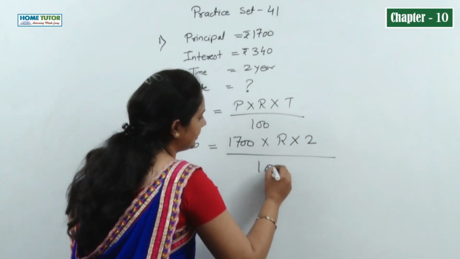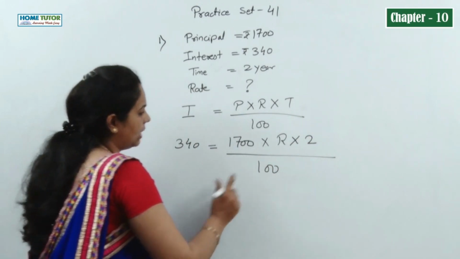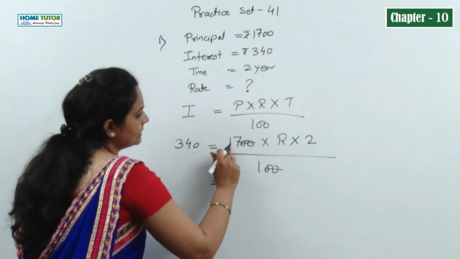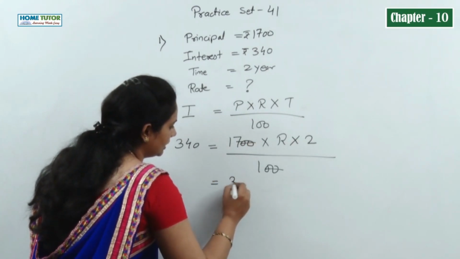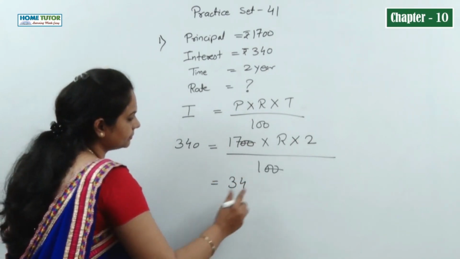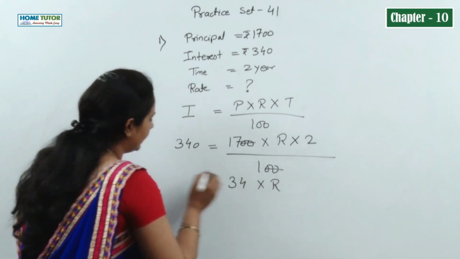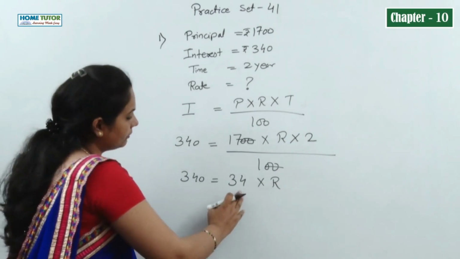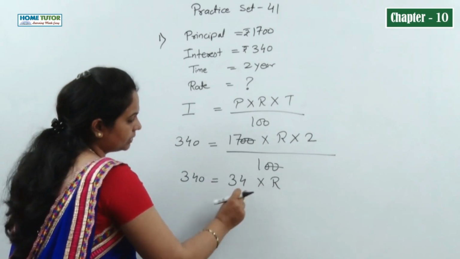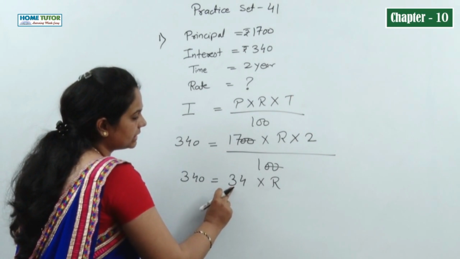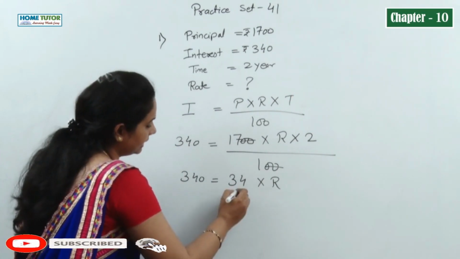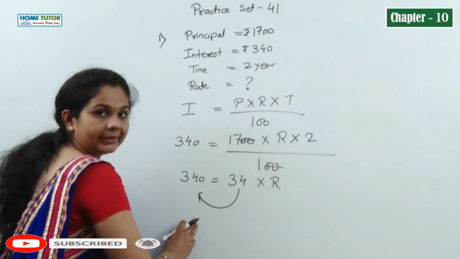divided by 100. Now we'll directly cancel out 2 zeros. So here 17 multiplied by 2 is 34 multiplied by R and this is your 340. Now we have to find value of R. So 34 multiplied by R, we have to find R. 34 will go here and become division.